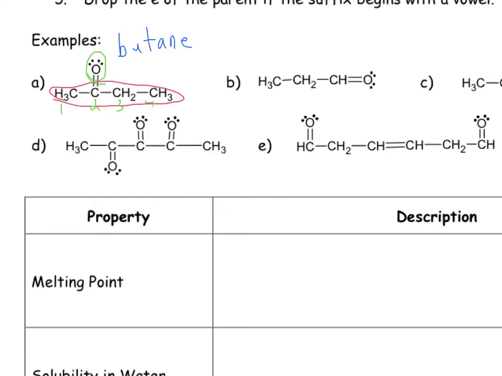Because the double bonded O is in the middle of the chain, this is a ketone. I would add a position number and use the suffix -one. Now, because my suffix begins with a vowel, I have to remove the E on the butane. My final name is butan-2-one.